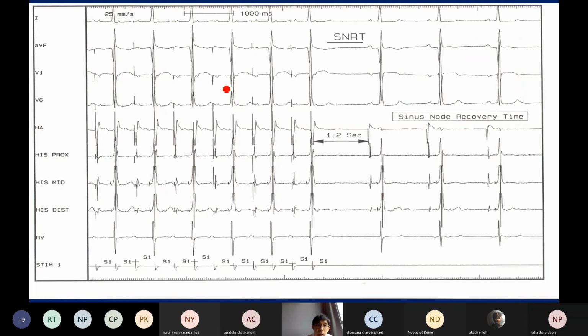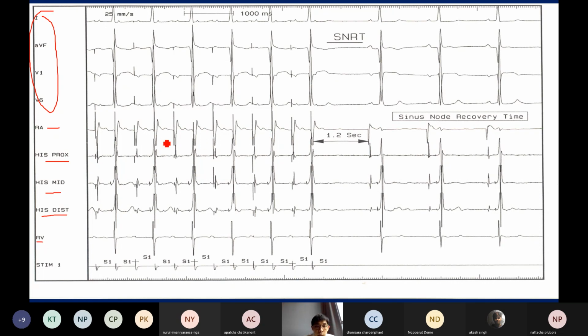Okay, so first of all, here are the surface ECG leads, and we put catheters in the RA: His proximal, His mid, and His distal. Sometimes we put in only one His catheter, and we put the RV catheter in.